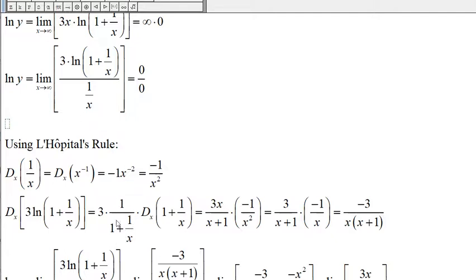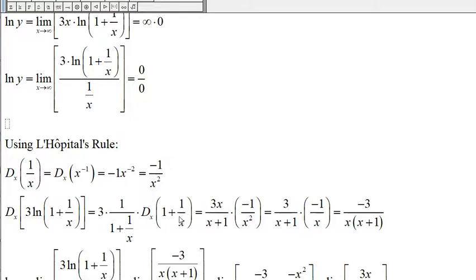This expression right here, 1 over 1 plus 1 over x, multiply the top by x, multiply the bottom by x. 1 times x will be x, and then multiply this expression by x, we get x plus 1. And then we have a 3 here. So multiply this quotient right here. Multiply the top and the bottom by x, then we get x over x plus 1. And then we have multiplying by 3.